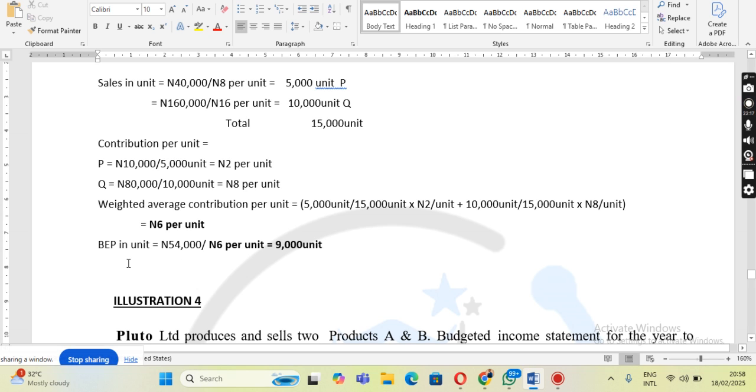So P equals, what is the sales in units? 5,000 units divided by the 15,000 units.